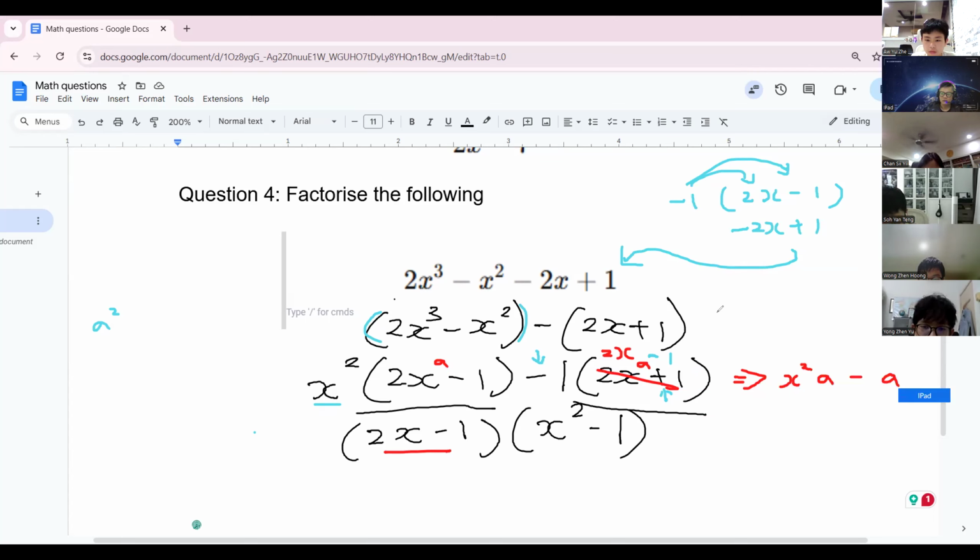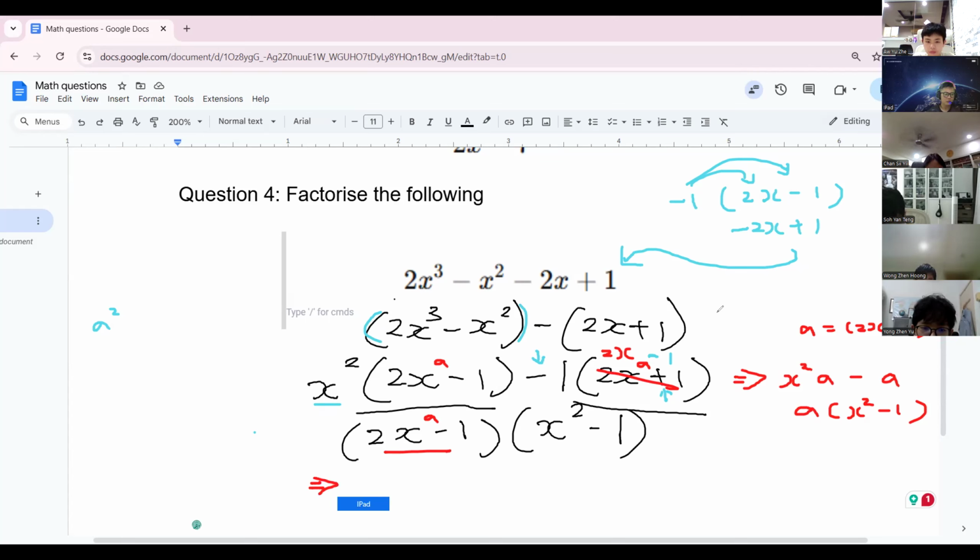So when I want to factorize, I will get x squared minus 1. So actually my a refers to 2x minus 1. Okay, so now Junkai puts a in front here with the intention that this is the common thing. So now we just need to move one more step.